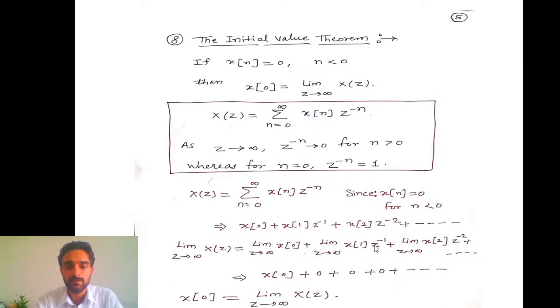If we are having z equal to infinity, then 1 upon infinity is 0 and the whole term will be 0. It is also 0, and all the terms for n greater than 0 will be 0. So finally we have the initial value theorem: x of 0 is equal to limit z tends to infinity X of z. Okay.